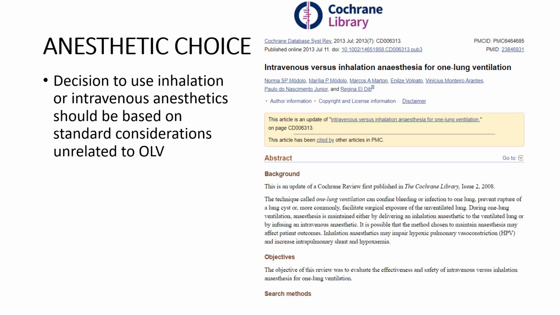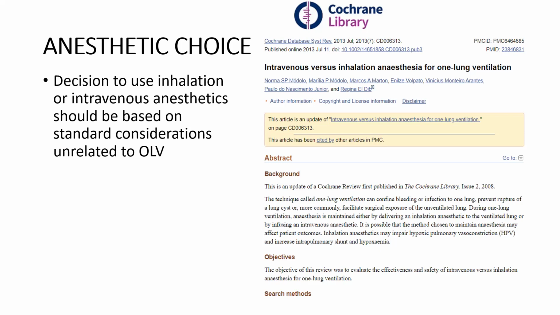Now let's talk about the anesthetic choice during provision of one lung ventilation. The decision to use inhalational or IV anesthetic agent should be based on standard considerations unrelated to one lung ventilation.